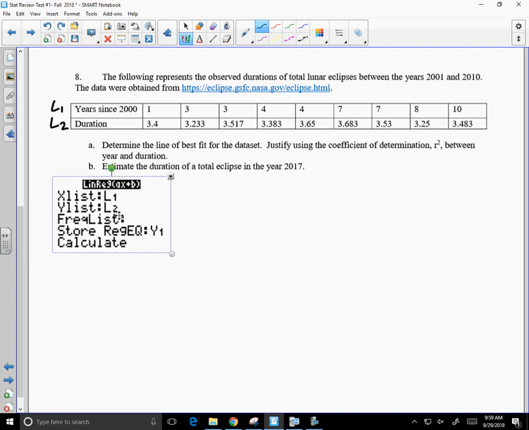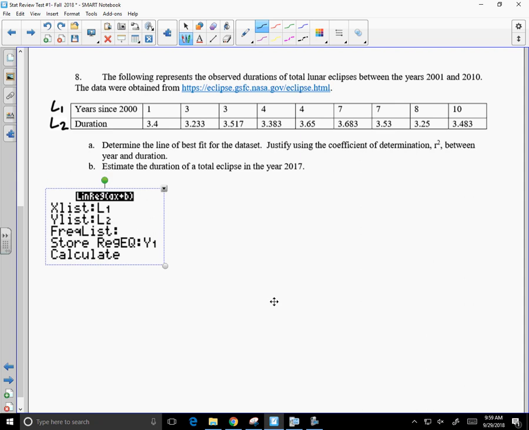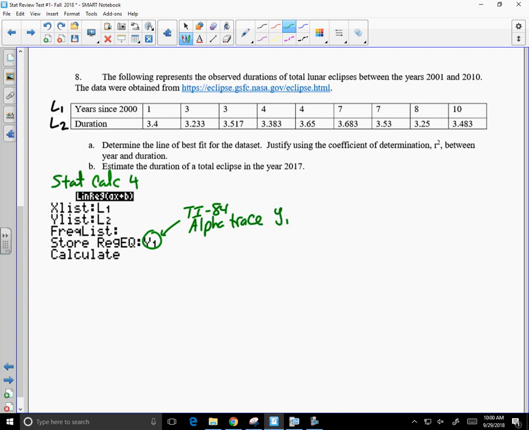So again, TI-83s do most of the same stuff, but it's a little different when it comes to stuff like this. All right. So again, this is stat, calc, 4. And again, on the TI-84, it's alpha, trace, select Y1.